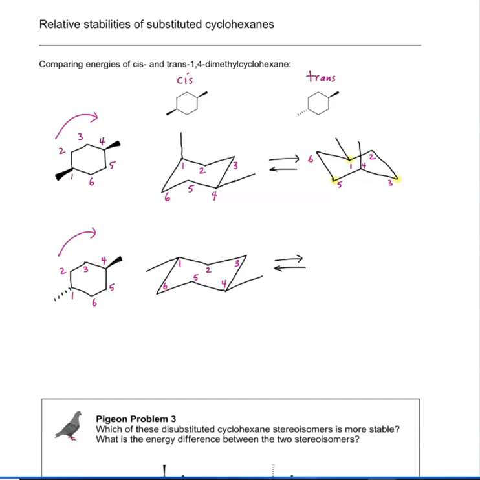Okay, go ahead and pause the video and draw the chair flip for this. Once you do that, remember that for carbon 1, we need to find a carbon in our new template that has an axial down bond.